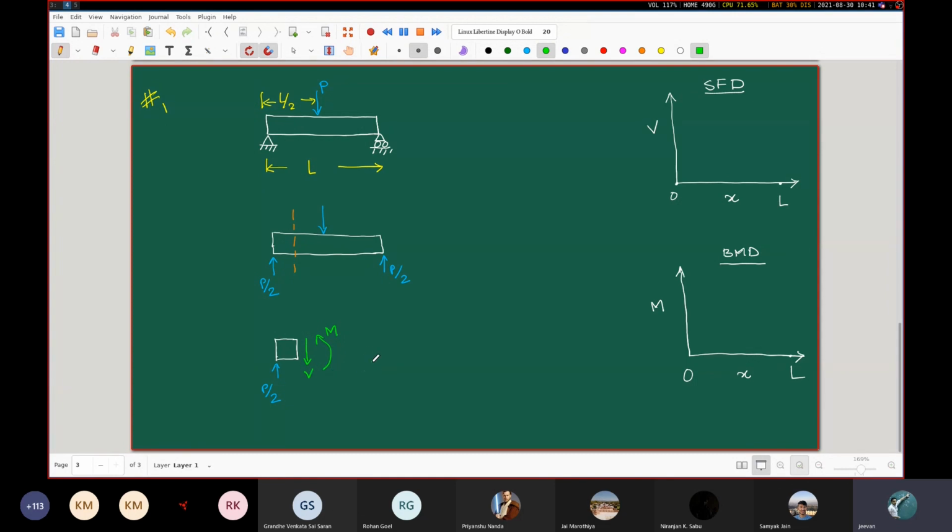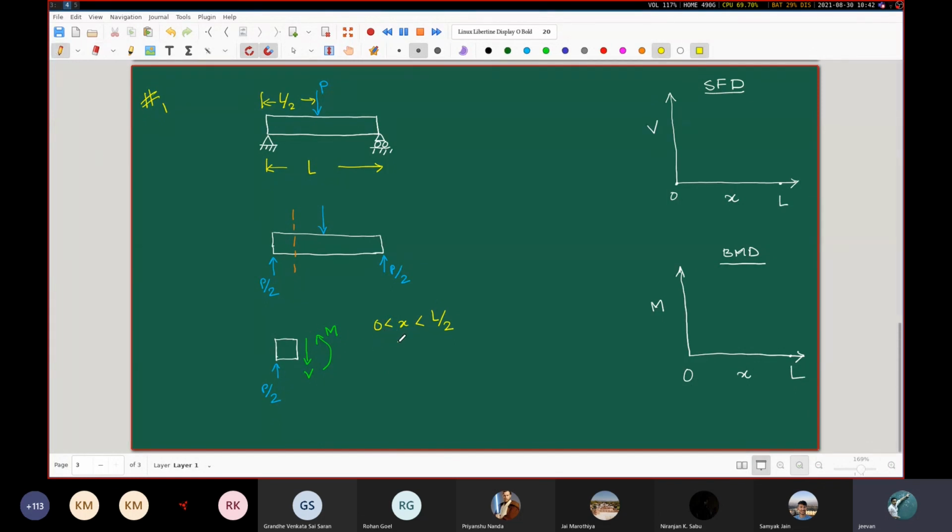So when we have this, what we are basically doing here is to consider an x which is between 0 and L by 2. You can consider this to be x equal to 0 also, but usually it is not done because at x equal to 0 you have this P by 2.